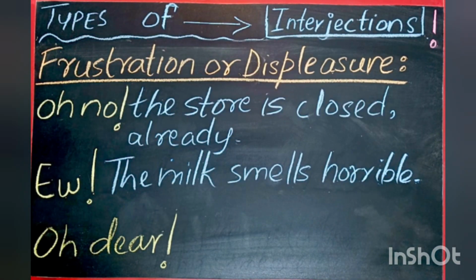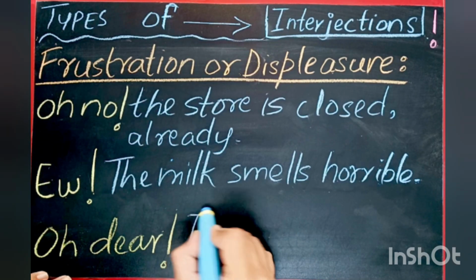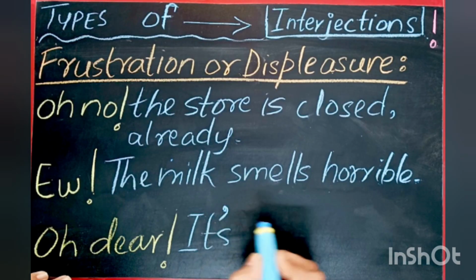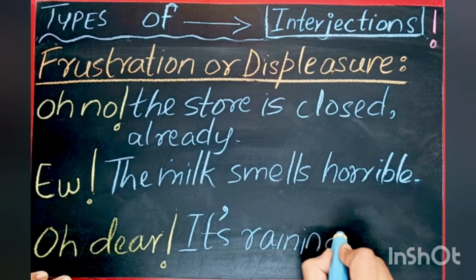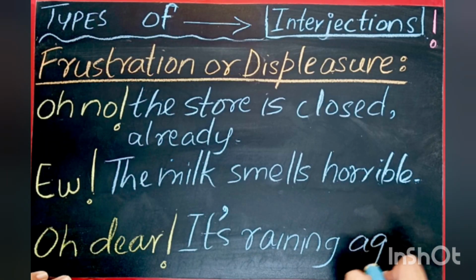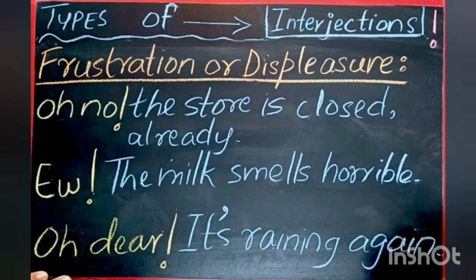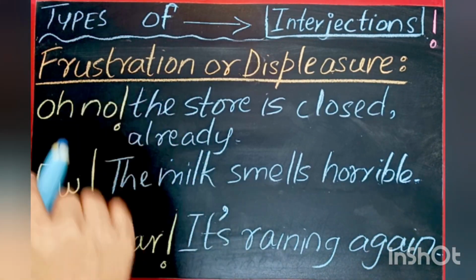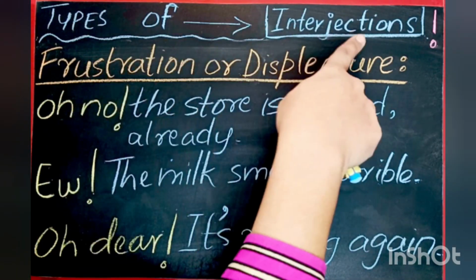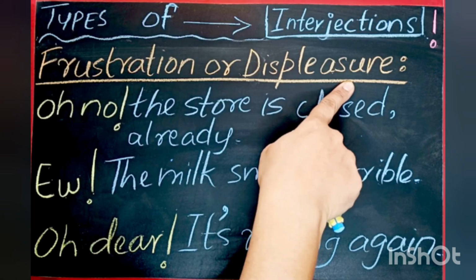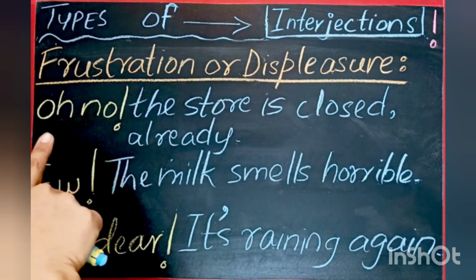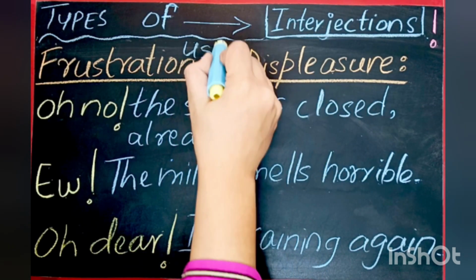Let us make a sentence of oh dear. So these all three words are used to express emotions like frustration or displeasure. Okay. Interjections are the words which are uttered by a speaker when they are frustrated or in displeasure, or they show sudden feelings.